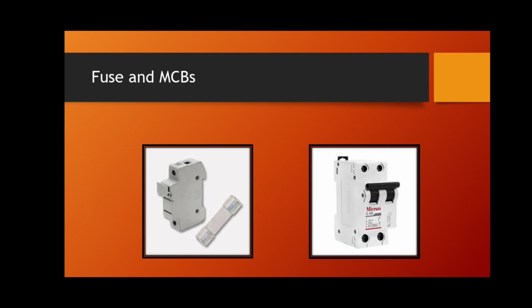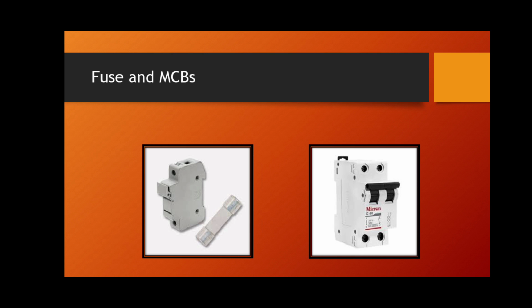Now the next is fuse and MCB. You might have seen both. Nowadays MCBs can be easily seen in houses also, and earlier people used the electric fuse. So it's a very important application. And a fuse, what do we mean by fuse? It's a safety device to protect an electric circuit.